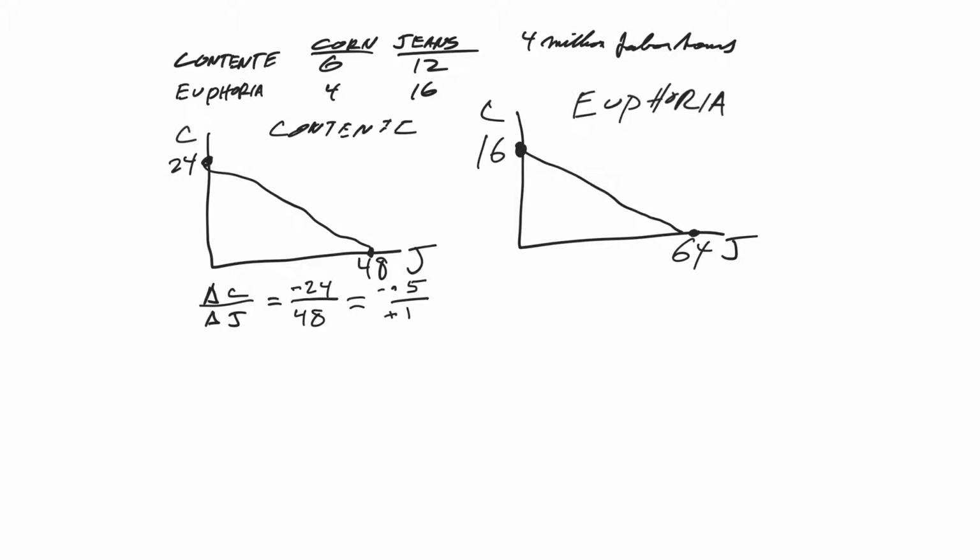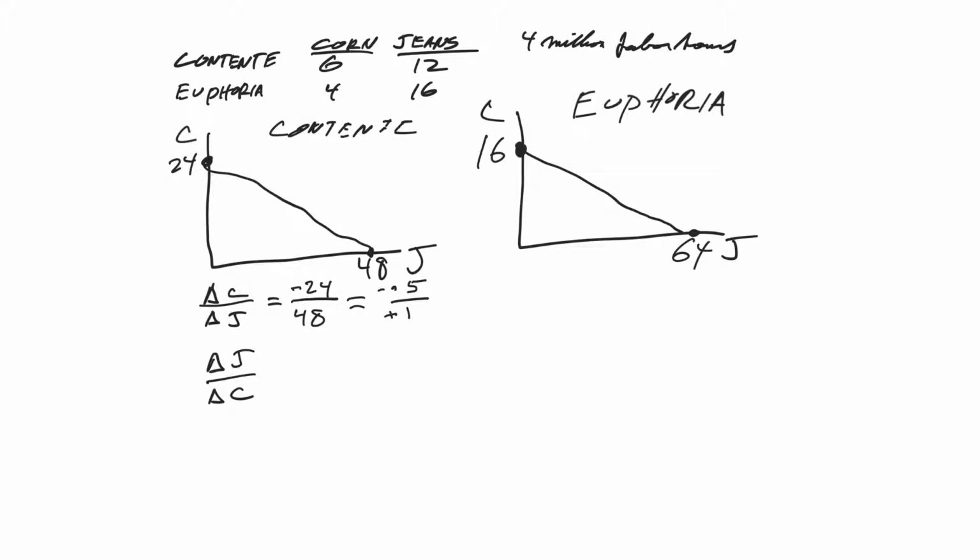Well, while we're here, let's go ahead and figure out the opportunity cost of corn. So that means we want the change in jeans over the change in corn. We want to know how much 1 corn costs. Well, you can see that this and this are just reciprocals of each other. We don't really have to go through this again. So let's just take the reciprocal.